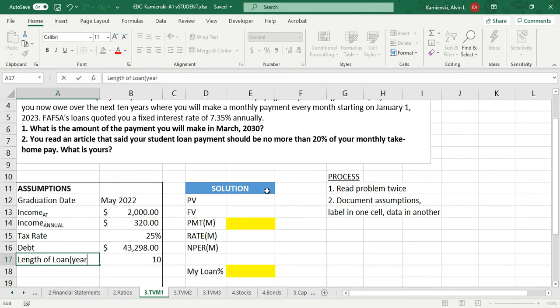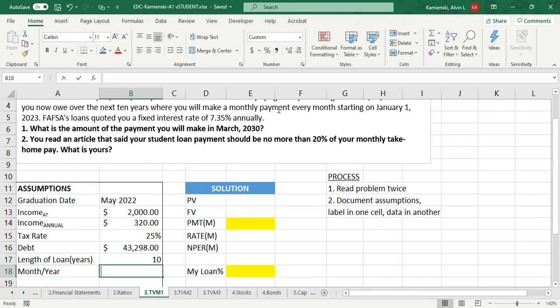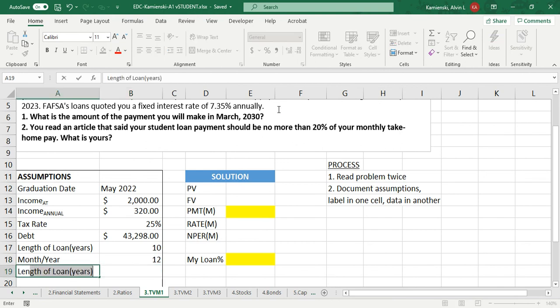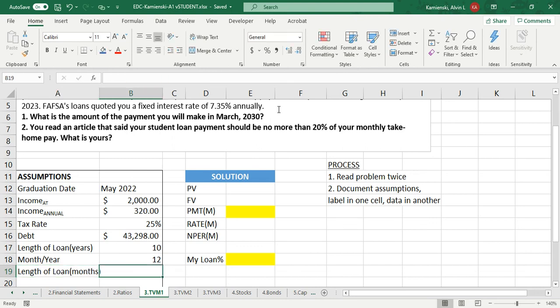So that would be like length of loan in years, because your brain is going to look and start picking up on clues. Like oftentimes when you owe debt, you're going to make things like a monthly payment. So I could say there are a number of months per year, and there's 12 of those, so that I could know that the length of my loan, not just in years, but in months, would be equal to 120 payments.